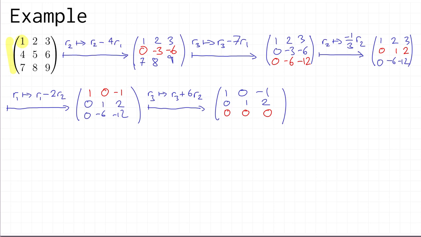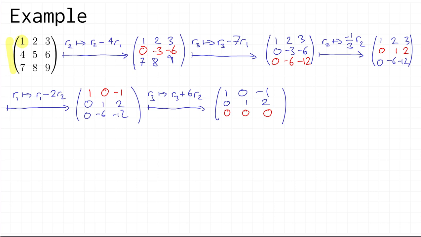So the leading entries are here, and they're both 1. The 0 rows are at the bottom, so there's only 1 row of zeros, and there it is at the bottom. It's below any non-zero rows, so we're happy about that. The entries in the column of any leading entries are all 0.